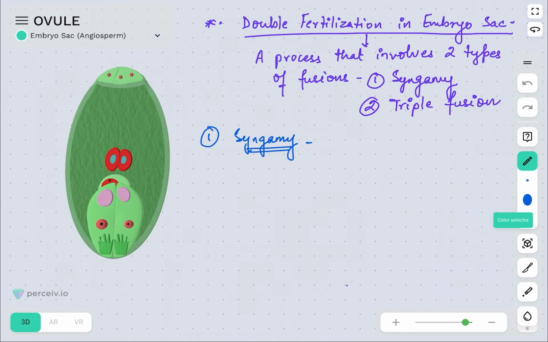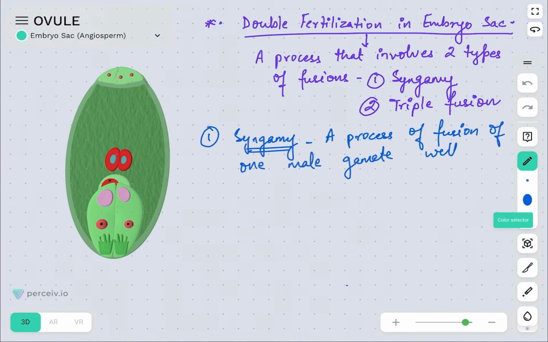Now, since it is going to produce 2 male gametes, the 2 male gametes are individually going to fuse with different cells. That's why it results in double fertilization. So Syngamy is basically a process of fusion of one male gamete with the egg cell to form zygote.